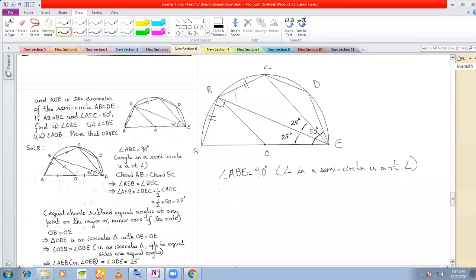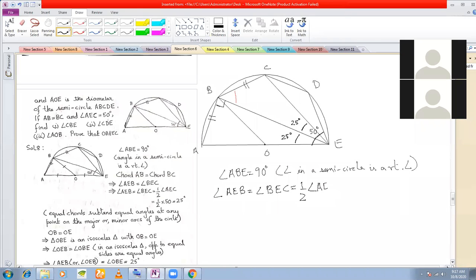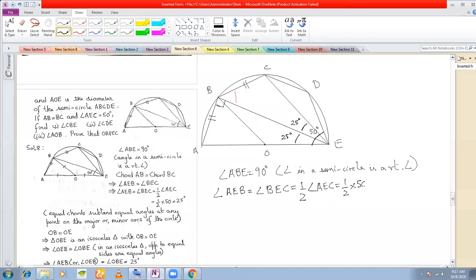So let us write this down. Angle AEB is equal to angle BEC, which is equal to half of angle AEC, equal to half into 50, equal to 25 degrees. Reason: equal chords subtend equal angles in the major or minor segment of a circle.